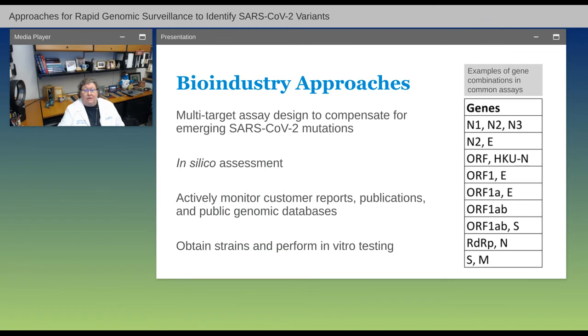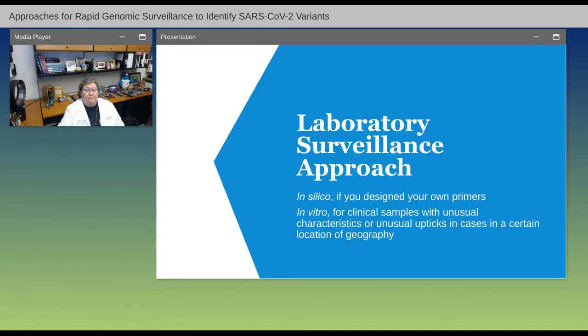This is where the industry really helps the clinical laboratories actively monitor the genetic reports, and they will announce any information that impacts their assay. The laboratory surveillance approach is in silico if you've designed your own primers, and in vitro for clinical samples that have unusual characteristics.